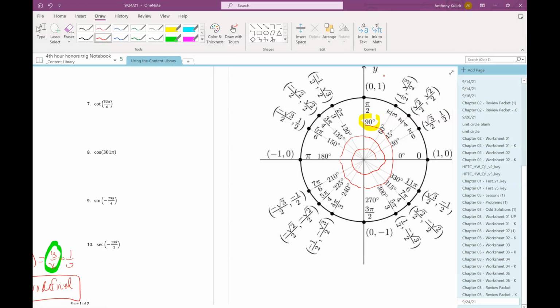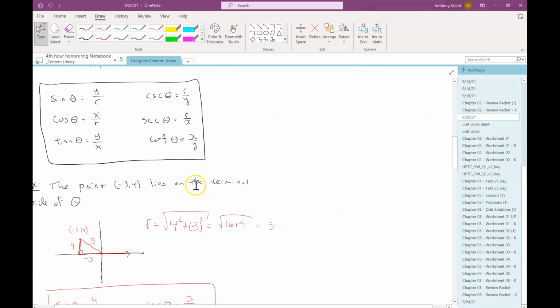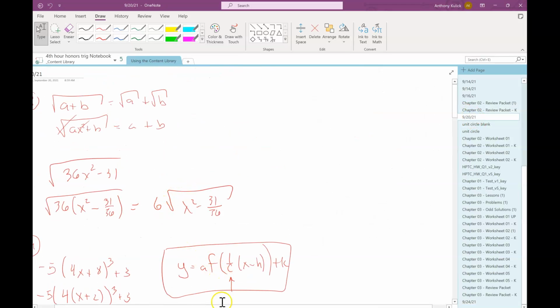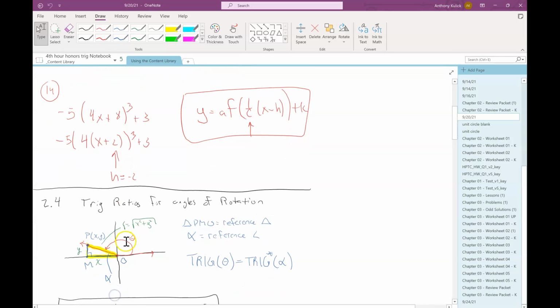So we defined last time, we started off with SOHCAHTOA, right? And we said, okay, let's take SOHCAHTOA and apply it to an angle in standard position. I can make a triangle when I pick some point on that terminal side.